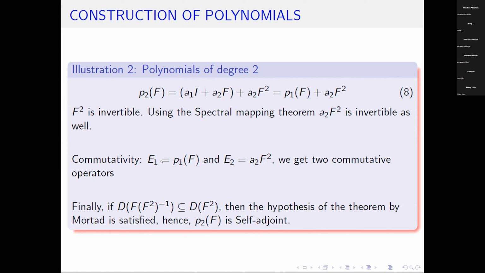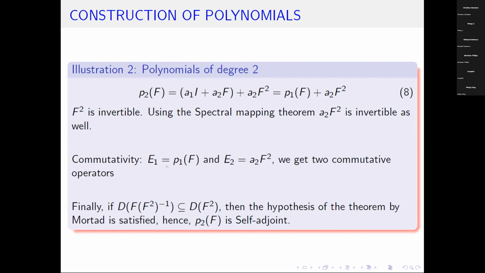Second, you have also set up the condition that E1 and E2, if you choose E1 to be a polynomial of degree 1 and E2 to be the second-term polynomial of degree 2, be self-adjoint operators, then we easily see that, of course, F2 will be a self-adjoint operator.